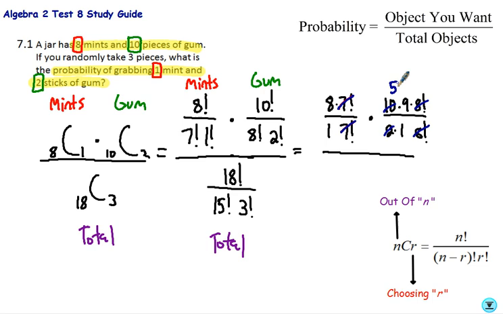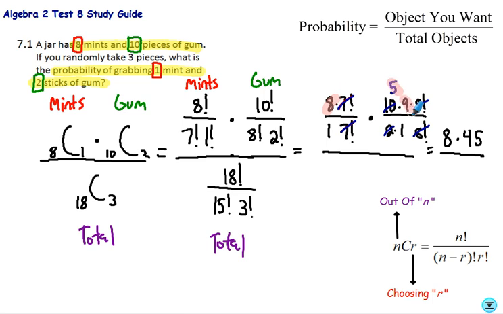And so what we'd be left with, at least on the top, is 8 times 45. Maybe we'll highlight what was left over there. So I had an 8 left over and a 5 times a 9.